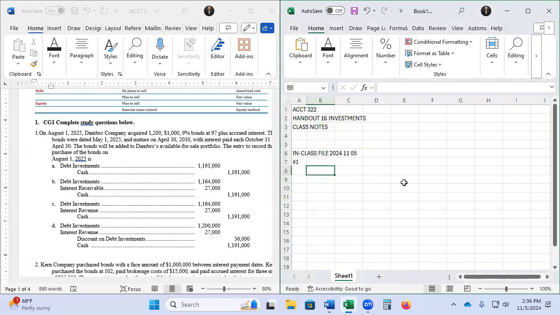And so number 1 is asking the entry to record the purchase of bonds.